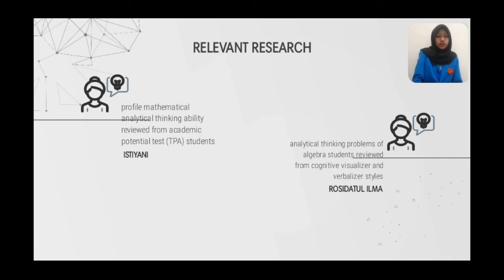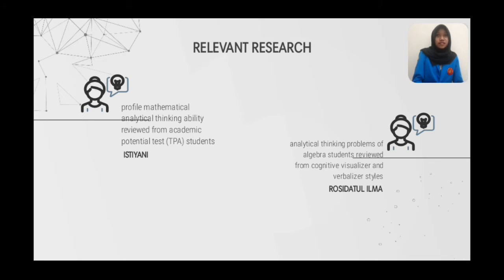And research conducted by Ilma with the title Profile of Analytical Thinking Problems of Algebra Students Reviewed from Cognitive Visualizer and Verbalizer Styles. Research data in the form of analytical thinking tests and interviews are then analyzed based on analytical thinking indicators in solving mathematical problems based on Polya stages.